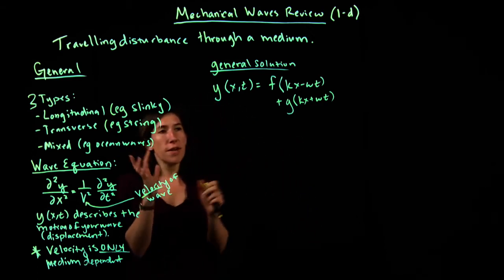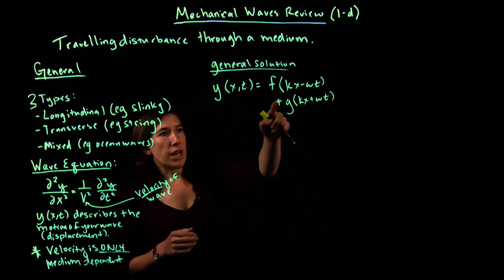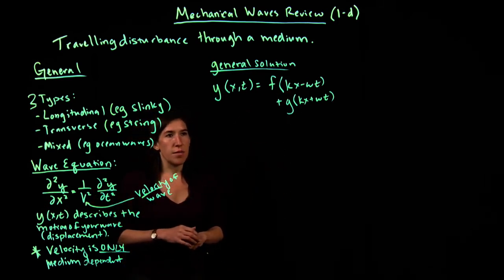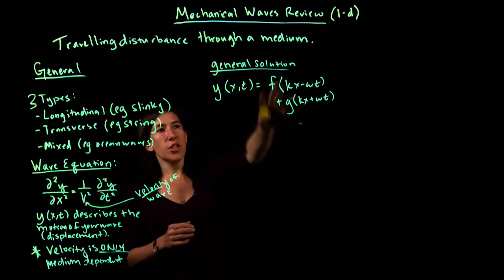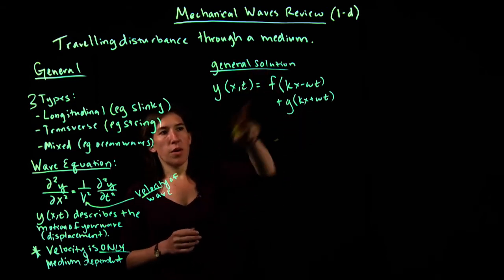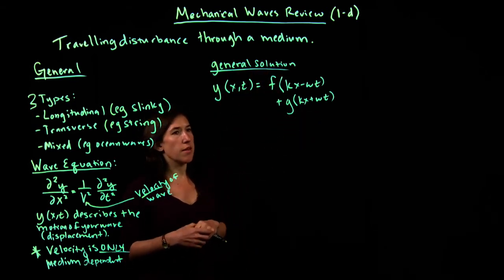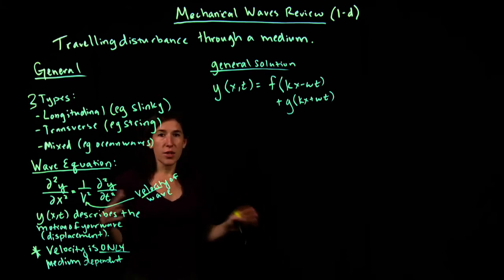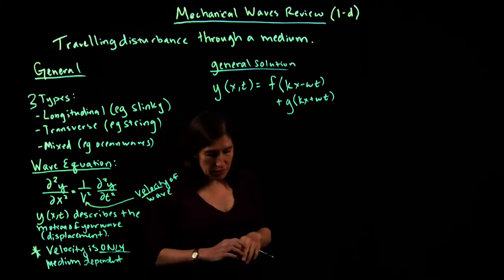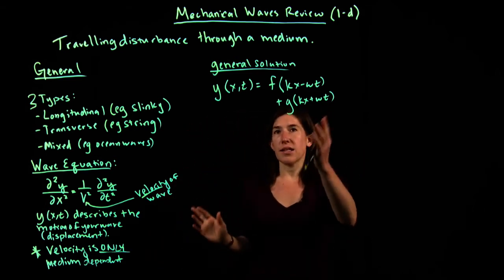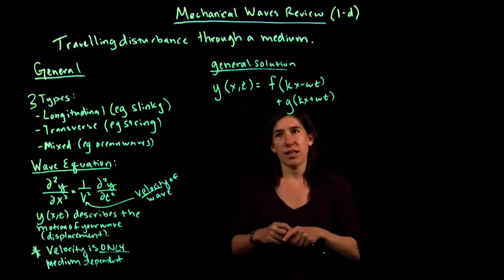Here k and omega are some constants, but any general solution can be written in this form, where f and g can be different functions. Basically the two of them represent a right-moving and a left-moving wave. You could write all sorts of crazy things as long as they could be expressed in this form.